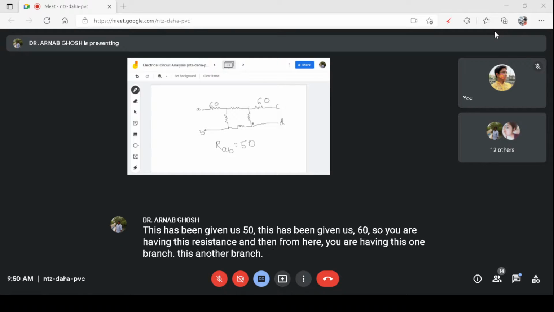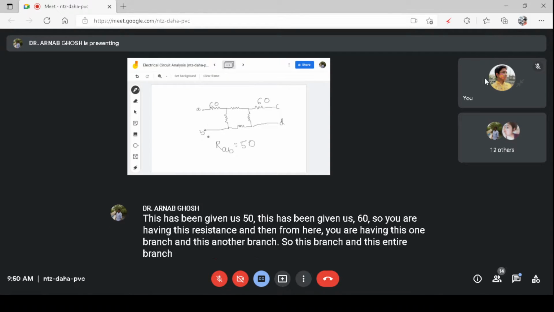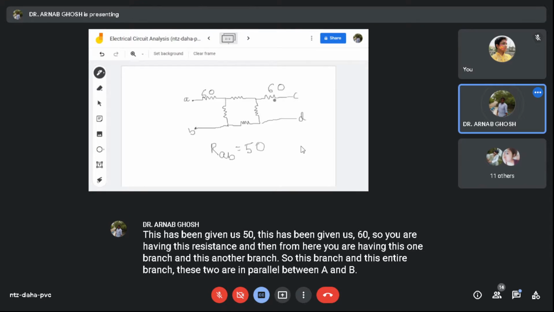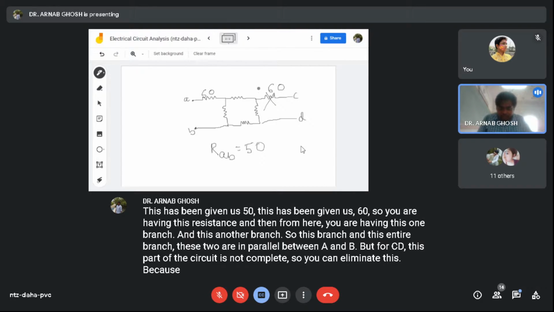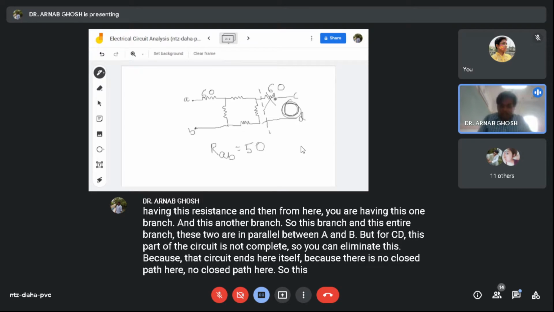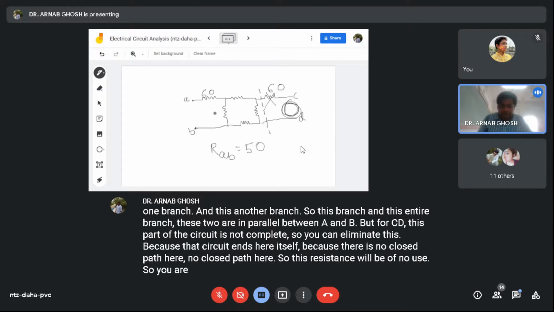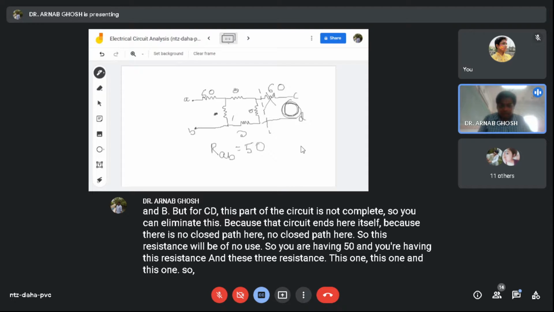So this branch and this entire branch, these two are in parallel between A and B, but the circuit is not complete, so you can eliminate this because the circuit ends here itself because there is no closed path here, so this resistance will be of no use. So you are having 50 and this resistance and these three resistances will be in parallel.